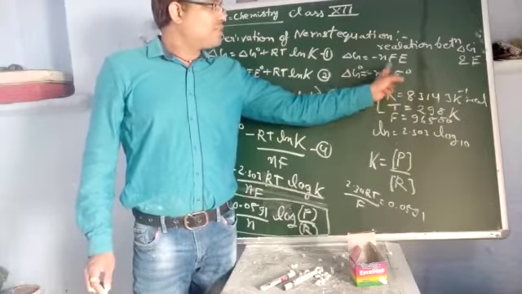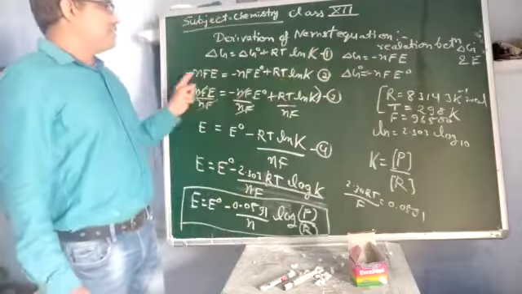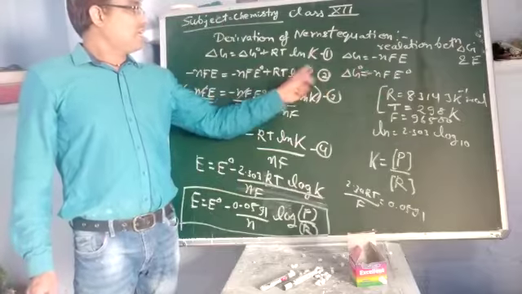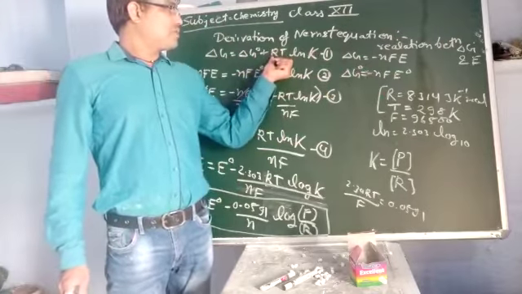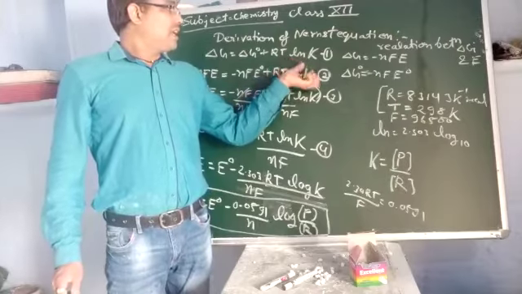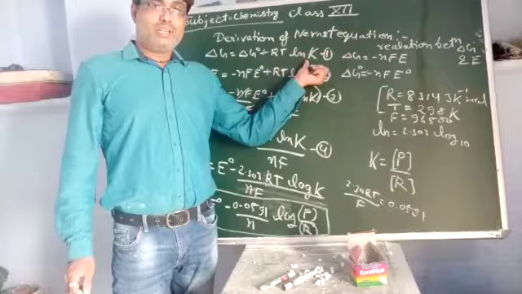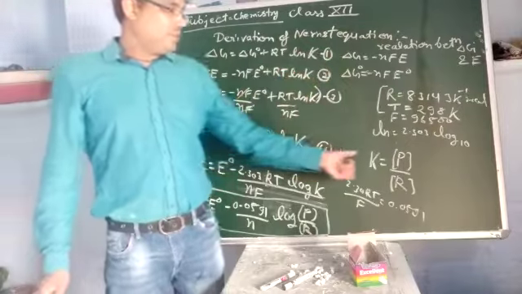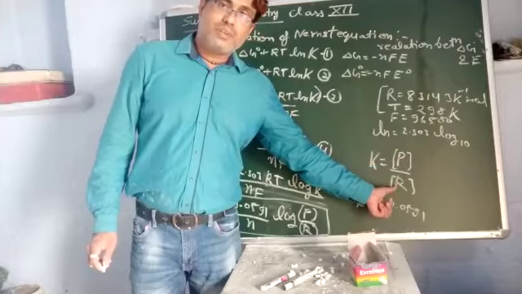When we substitute these values, delta G and delta G naught, in equation first, we have this equation second. In this equation, R is the gas constant, T is temperature, ln is natural log, and K is the equilibrium constant, which is equal to concentration of product divided by concentration of reactant.